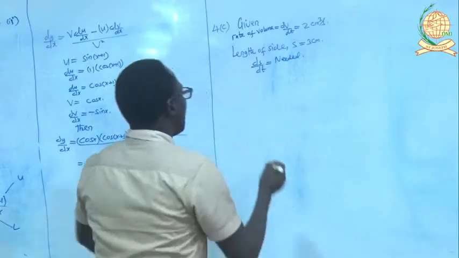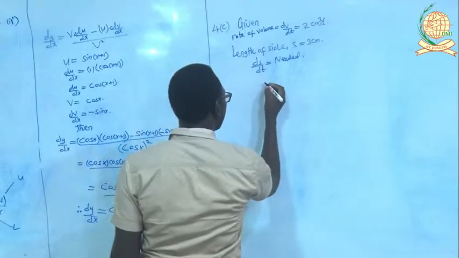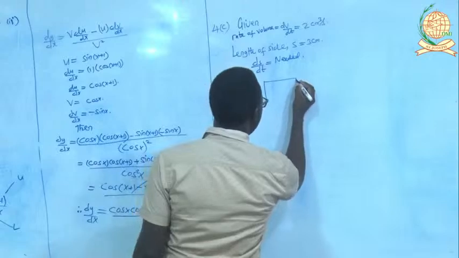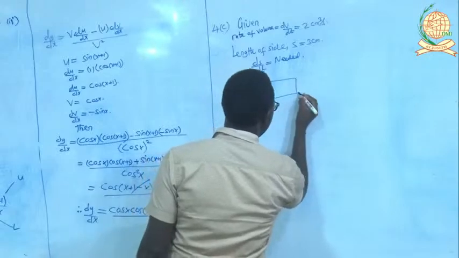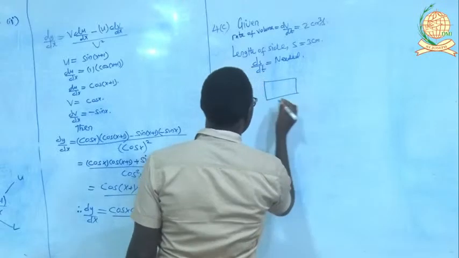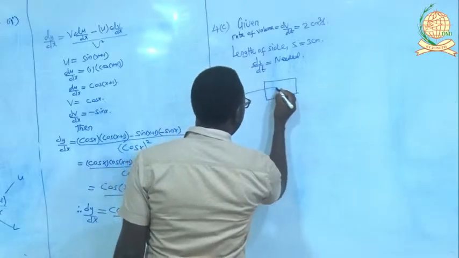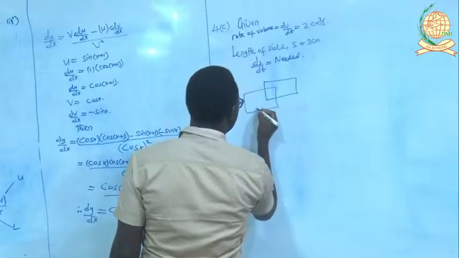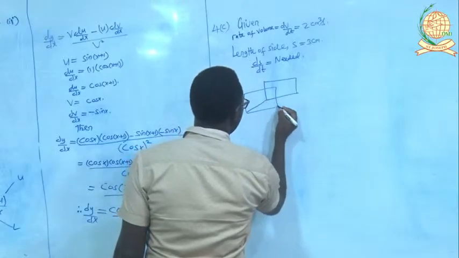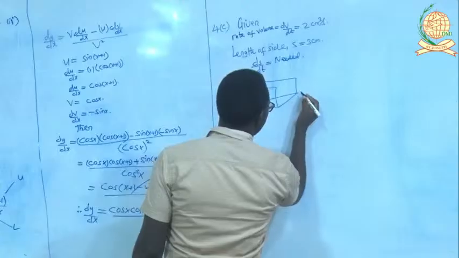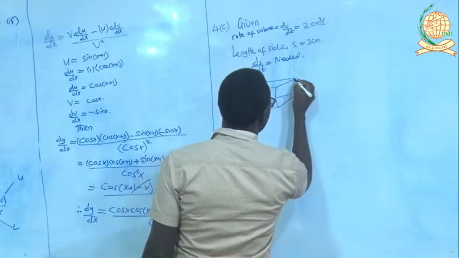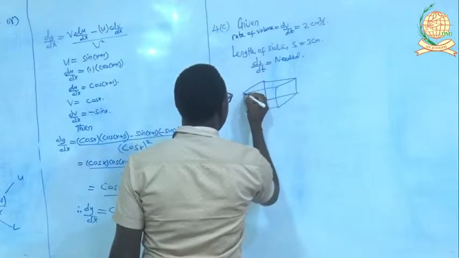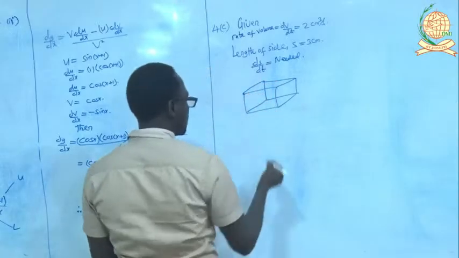Okay, now you can have a cube like a box, maybe this one here. For this case, the sides are equal.